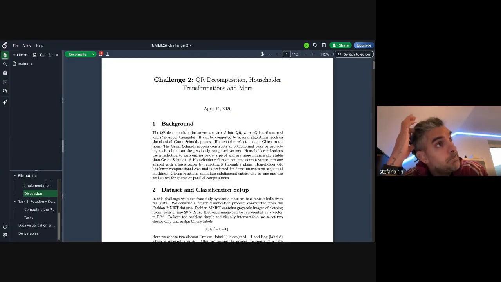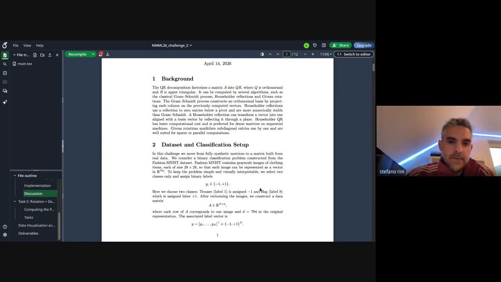Bear with me. The only thing that might create problems that I haven't foreseen is this first section, the task, the data classification setup. I'll describe it next. I didn't have time to check the code, unfortunately, because I always do the challenge based on the discussions in class, so I don't have any backup knowledge. I didn't have enough time to check the code myself.